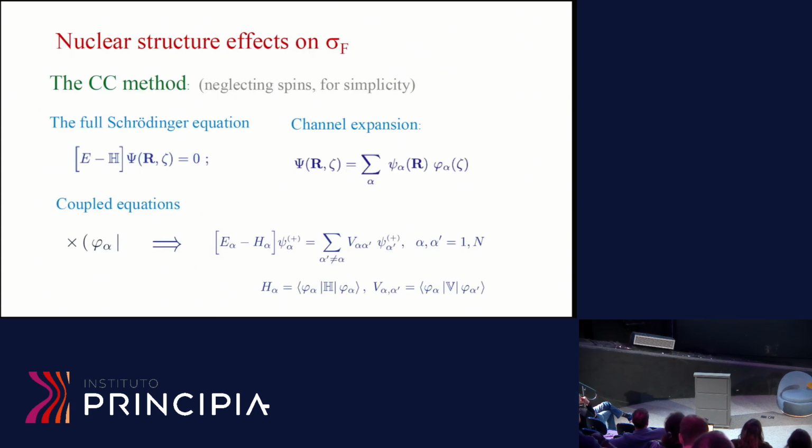In a typical situation, one has to include the excitation of intrinsic degrees of freedom in the collision dynamics.